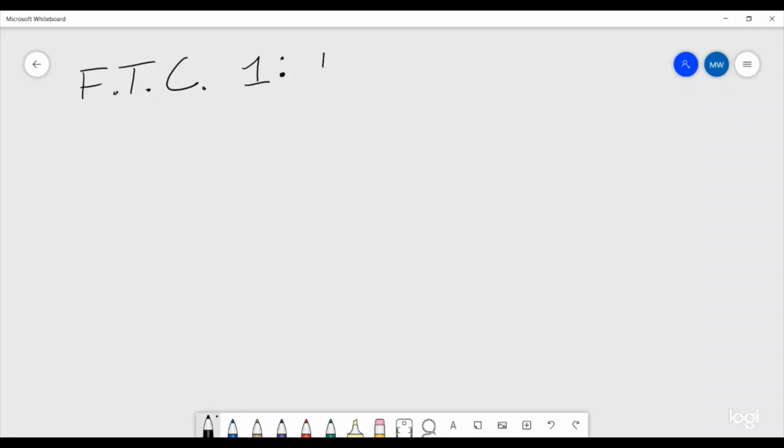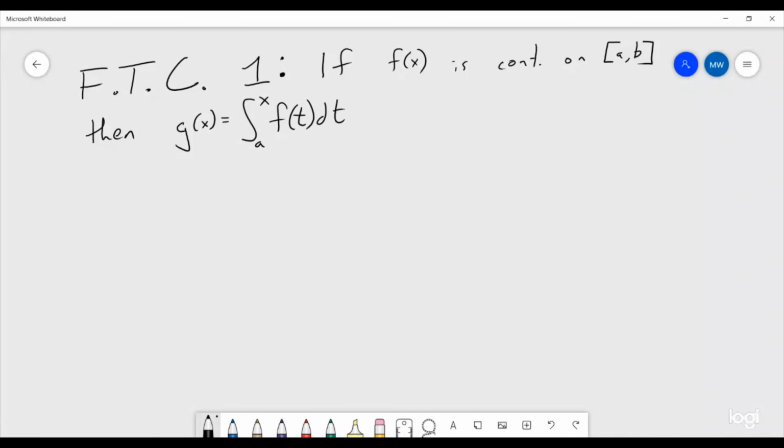Well, what it says is if f of x is continuous on the interval a to b, then g of x equaling the integral from a to x of f of t dt is continuous and differentiable on the interval a to b, and I guess I should probably put the a to b's where they belong.